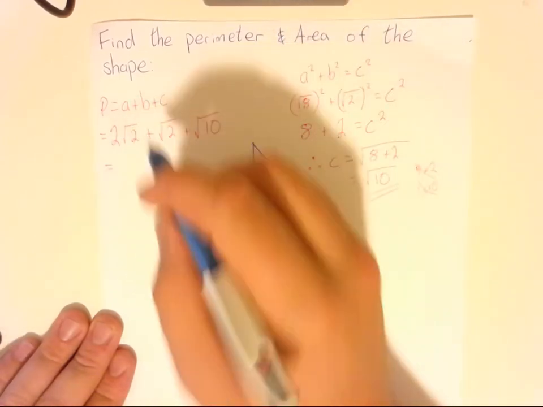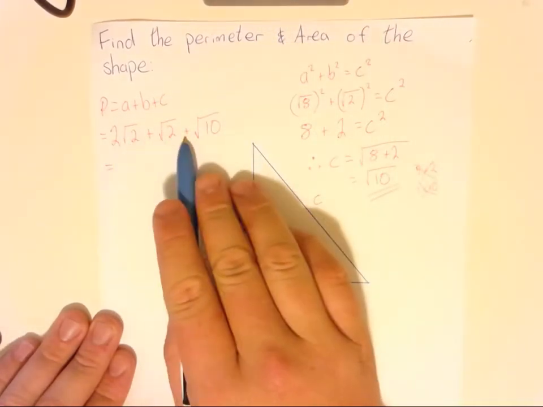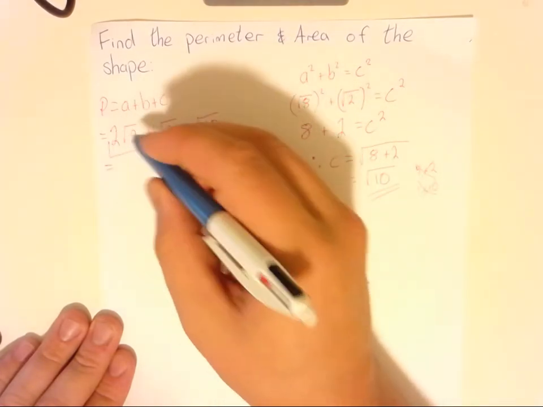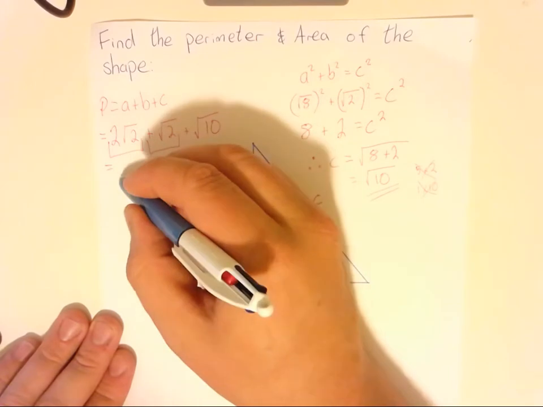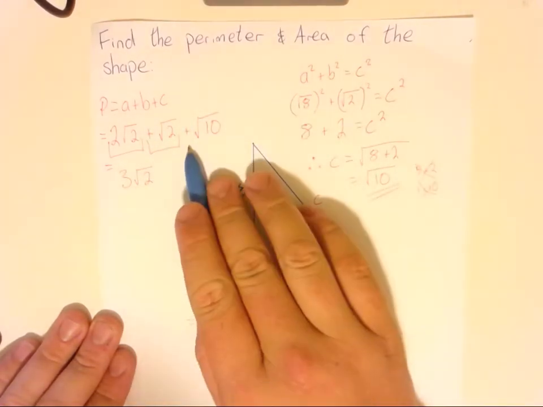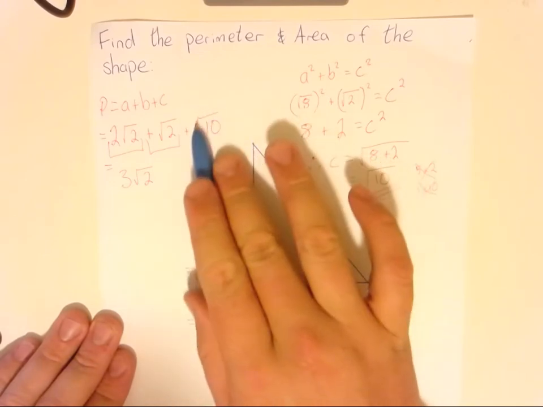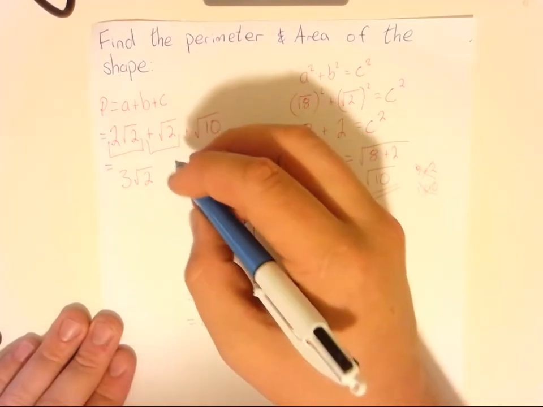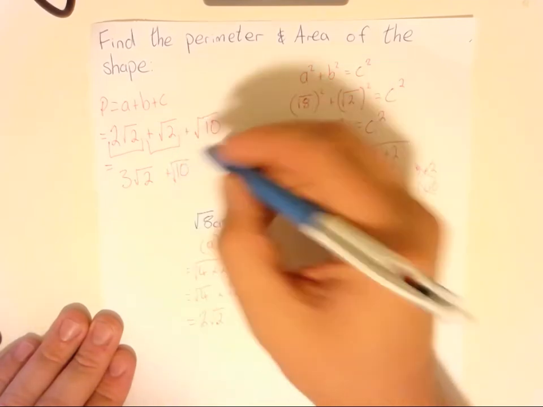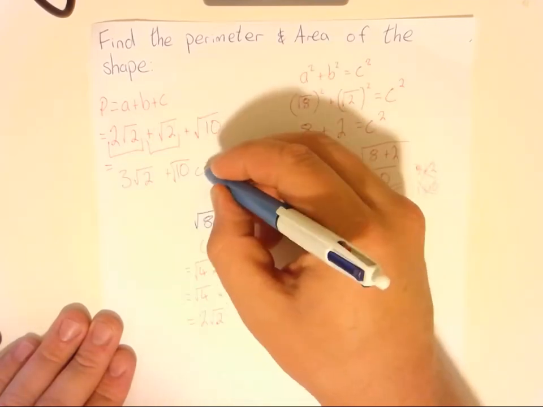Combining these two are like terms because they both involve a root 2. 2 root 2 plus root 2 becomes 3 root 2. And then this is an unlike term. This doesn't match up with anything, so I just leave it on the end and get plus the square root of 10 centimeters.